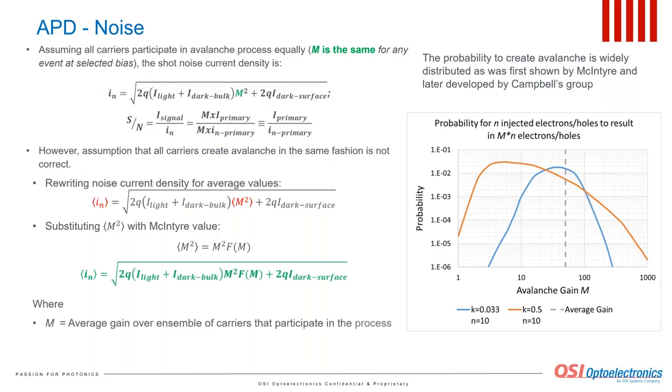In this expression, M is the average gain discussed previously, and F is the excess noise factor introduced by McIntyre. It is clear from this expression that to improve APD performance, the excess noise factor must be as small as possible. Ideally, it should be 1.